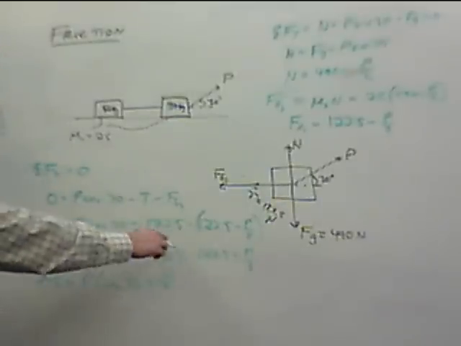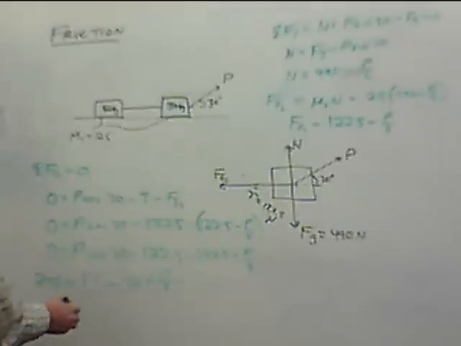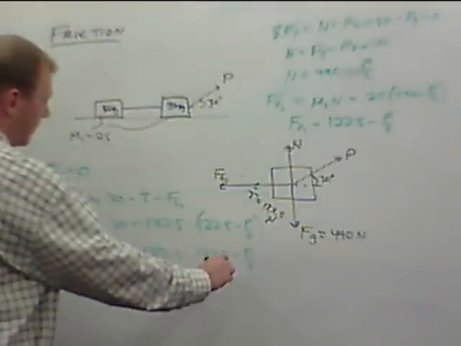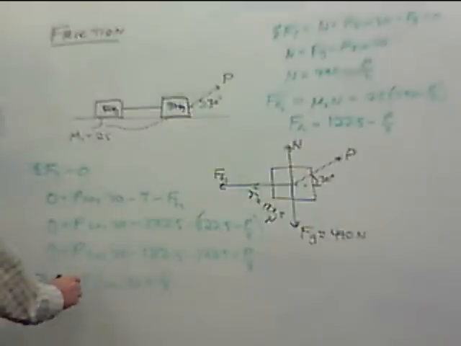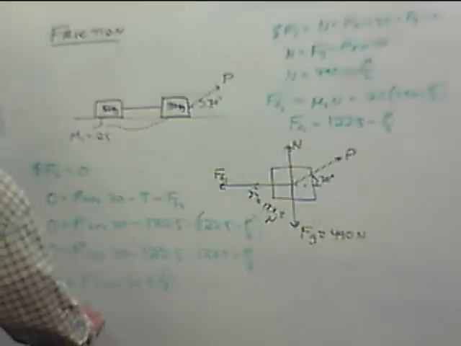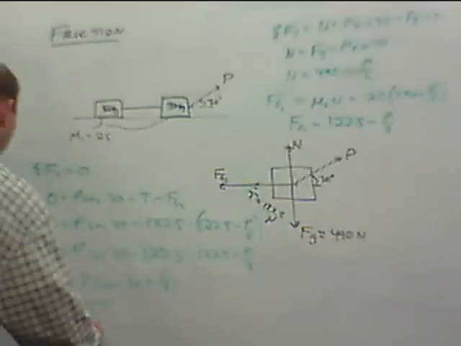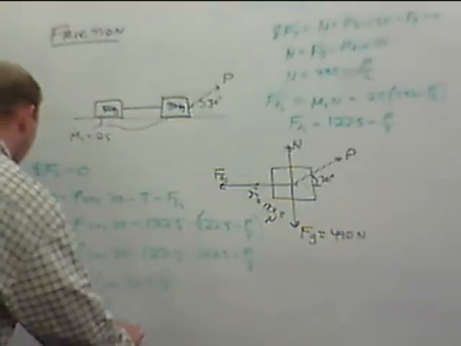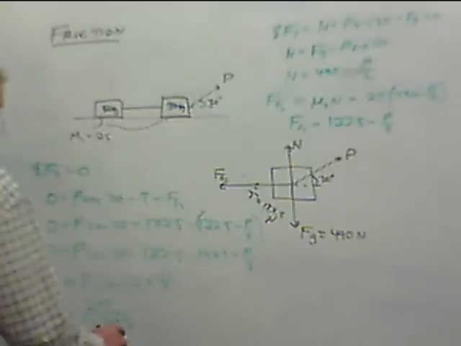Okay, bring the 122.5 over, bring the 122.5 over. So we have P cosine 30 plus P over 8. Factor out the P, we have P times cosine 30 plus 1/8. So P equals 245 divided by cosine 30 plus 1/8, 1.125.